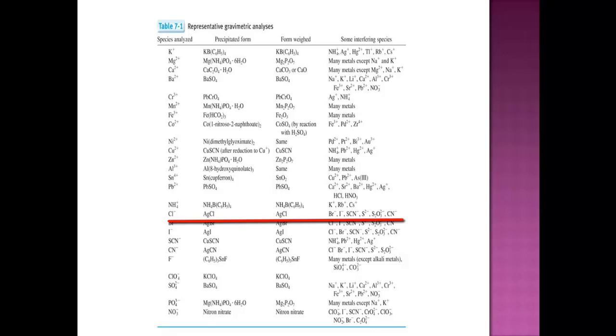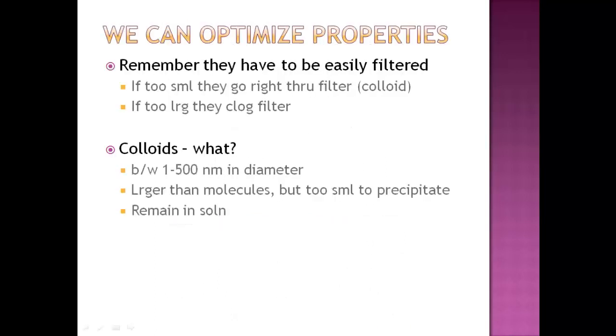So that's what we weighed, silver chloride. And in that particular reaction, if you have some interfering species, bromide would interfere with it, iodide would interfere with it, sulfide. It's a really handy little table that if you were trying to create a precipitating reaction, you would probably go to this table and see which one of these would be most helpful for me to use.